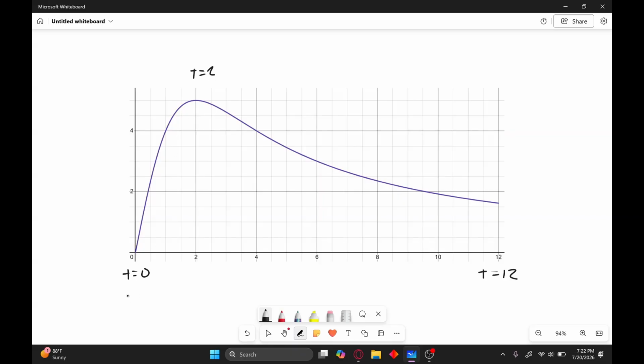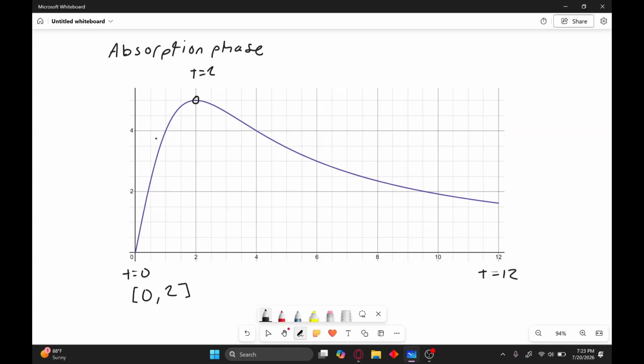From the range of t equals 0 to t equals 2, that is the absorption phase, where the drug is being absorbed into the kidneys, right? Until this point right here, which is t equals 2.